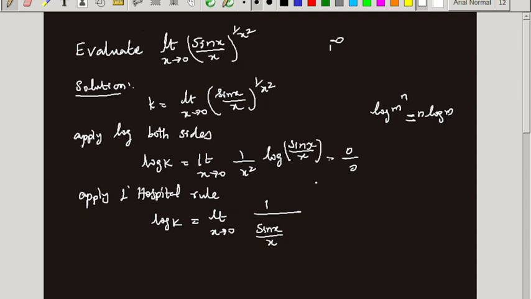Then differentiation of sin x dividing by x, we must apply the quotient rule. We get x square. So we write x into differentiation of sin x is cos x minus sin x into differentiation of x is 1. Dividing by x square. Differentiation is 2x.